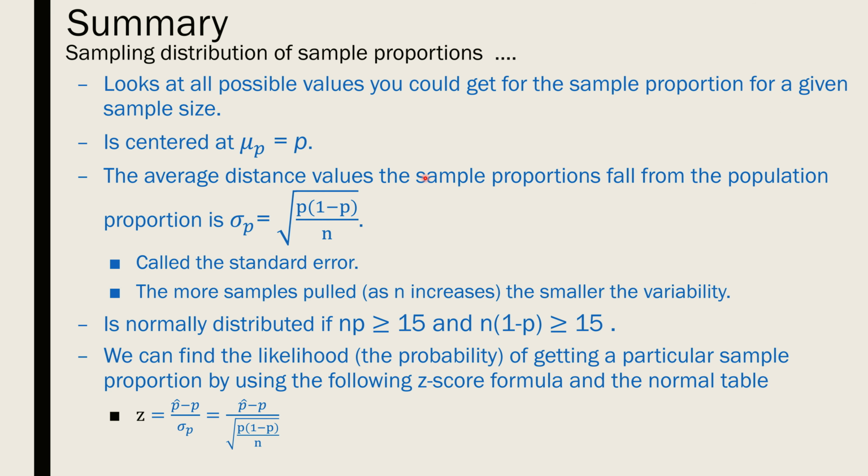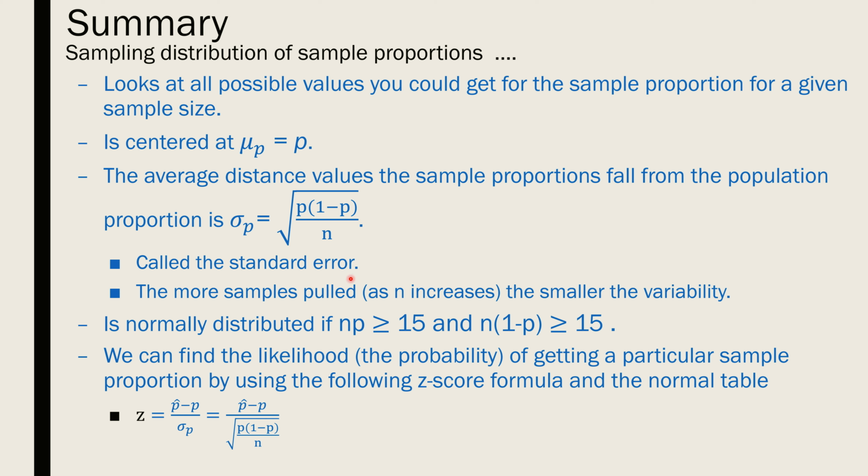Here is a summary of a sampling distribution of a sample proportion. The sampling distribution of sample proportions looks at all possible values you can get for the sample proportion for a given sample size. And it is centered at mu p equals p. The p is the population proportion. The average distance of the sample proportion values from the population proportion is the standard error, sigma p.